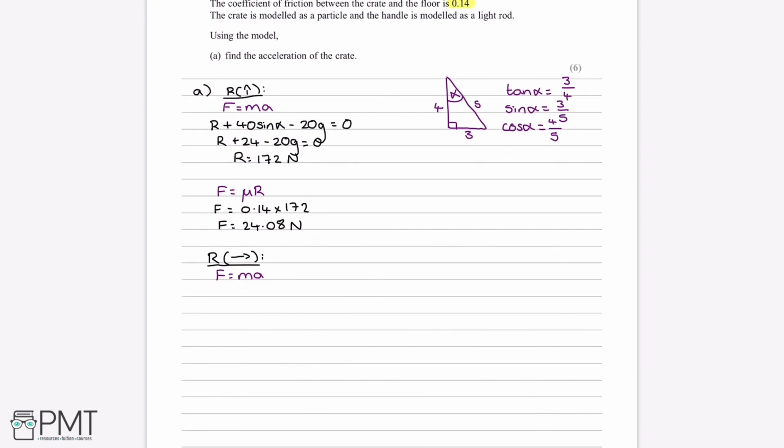So on the left-hand side, we would write this as 40 cos alpha take away F, which we've just found to be 24.08, but we write it as F at the moment.